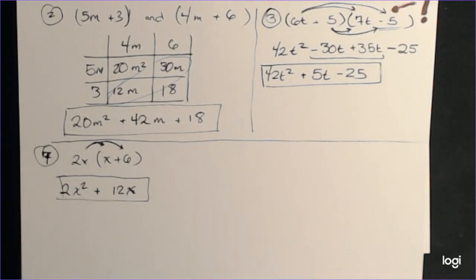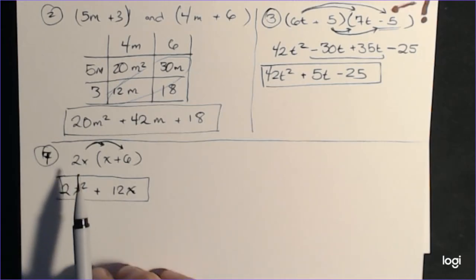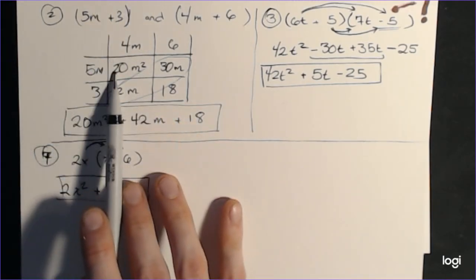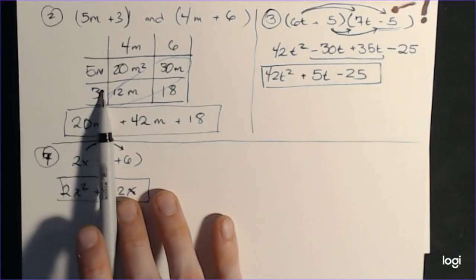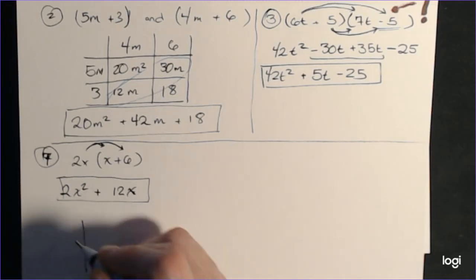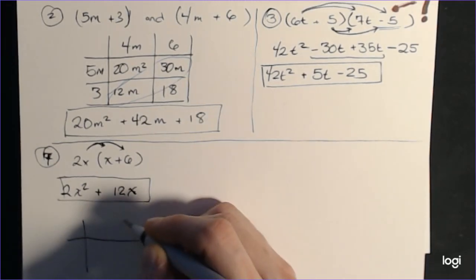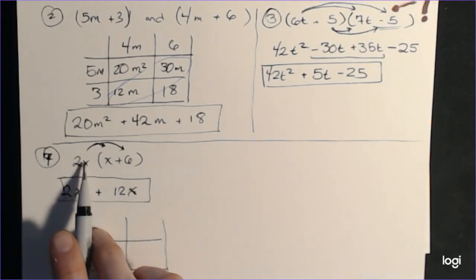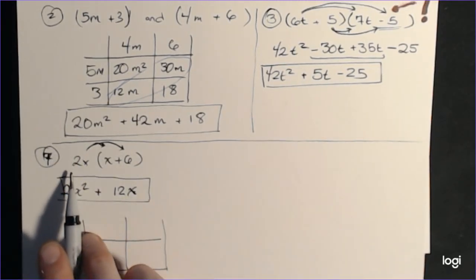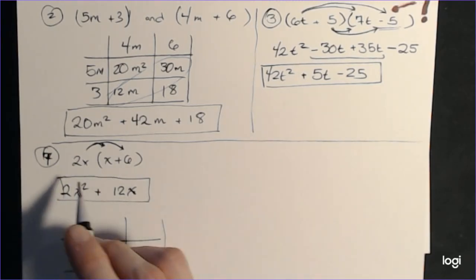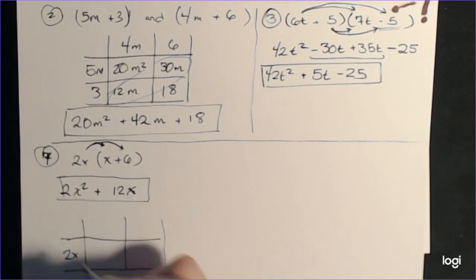Now let me show that with the table method. So remember before, the first binomial we put in this vertical column. The second one we put in the horizontal column. So we're going to follow that same convention here. So since the first expression is a monomial, we're only going to have one of these boxes in the vertical column, and it's that 2x term, so we'll write it right there.